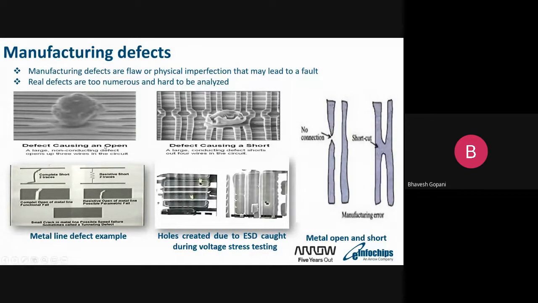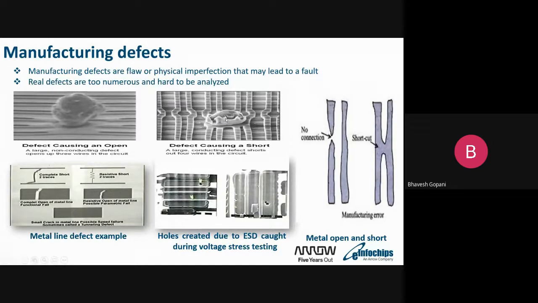This can cause opens in these 2 or 3 wires, and it certainly creates problems at the higher level. It may affect the functionality of a specific area or certain region in a design. Another defect is conducting material.